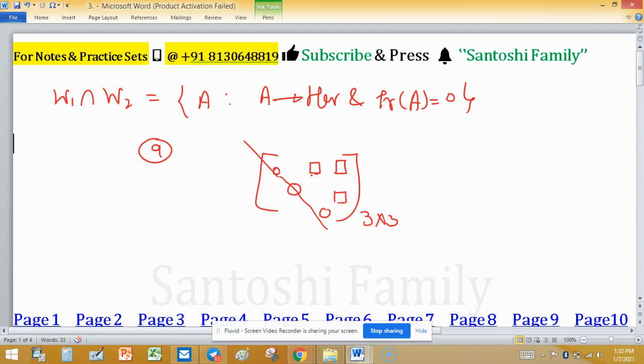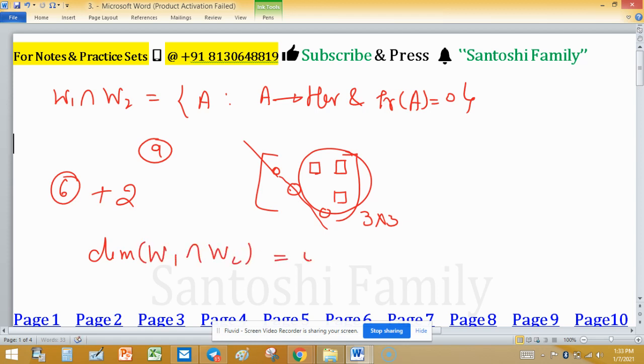So at how many places are you free? There are 3 squares, which means 6 positions you are free. So 6 positions come from here, and for trace to be 0 there are 2 entries from the diagonal. So 6 plus 2 gives 8 entries. So the dimension of W1 intersection W2 is equal to 8.